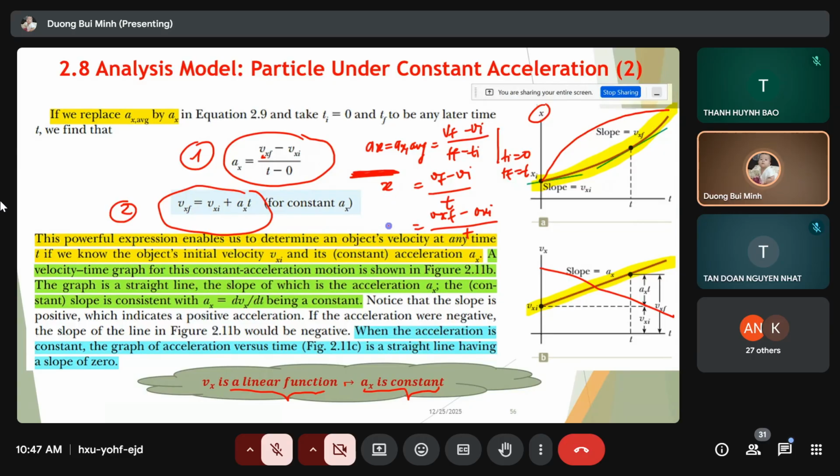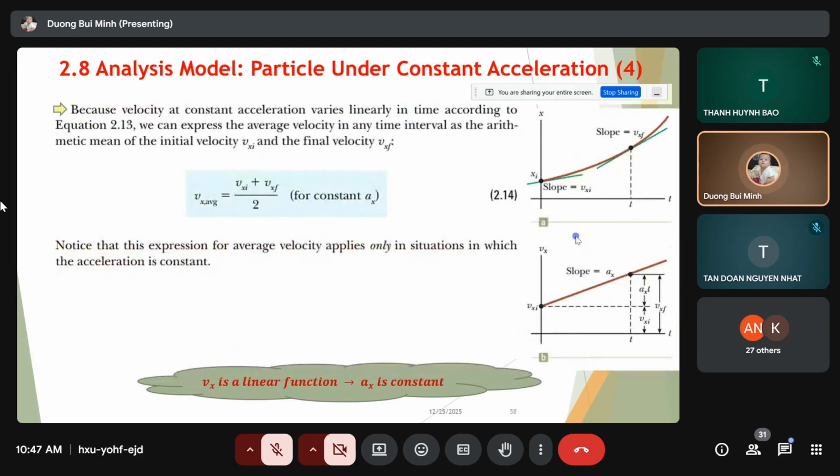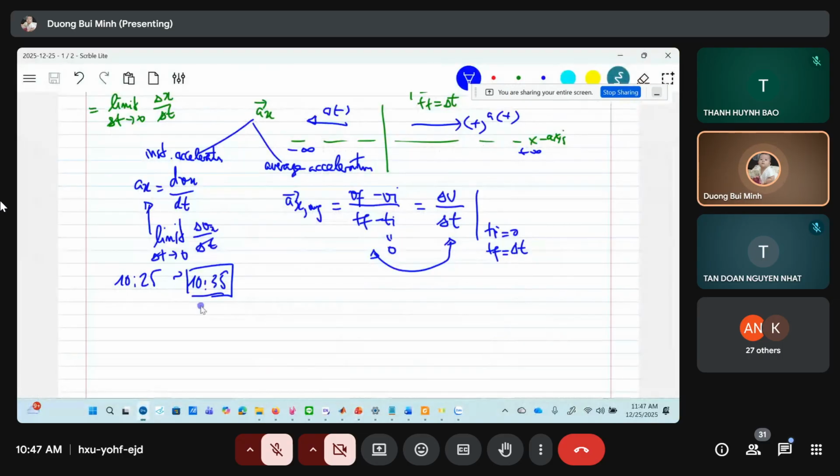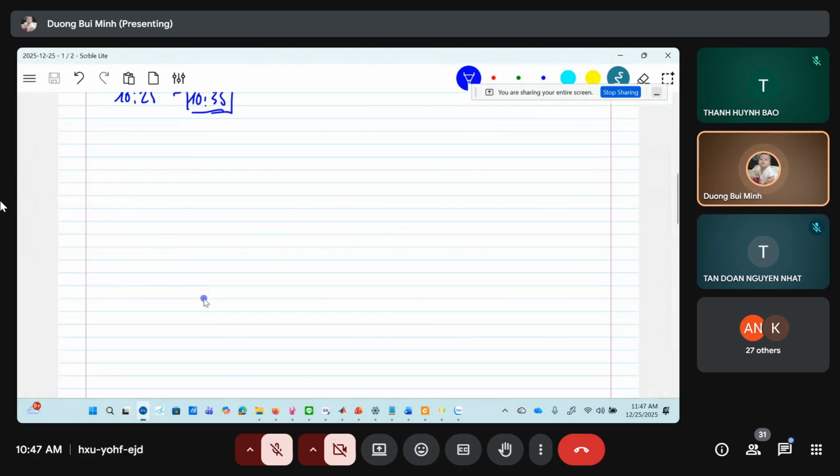We have Ax equals Vxf minus Vxi over T. If we modify it, you can get Vxf equals Vxi plus Ax times T. I will summarize for you. Now we talk about the constant acceleration model.